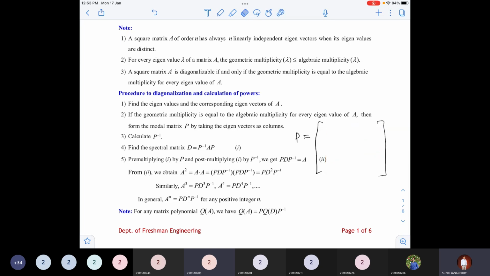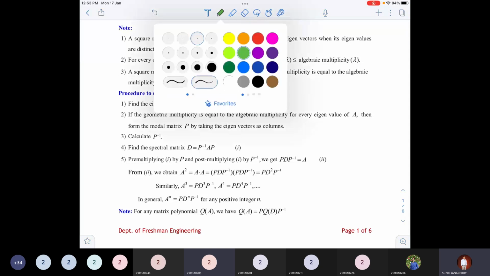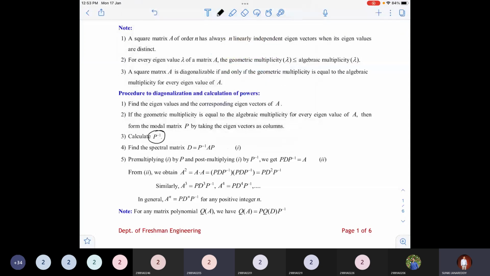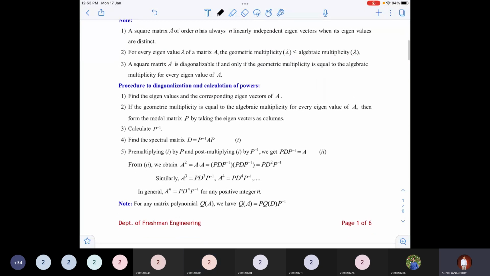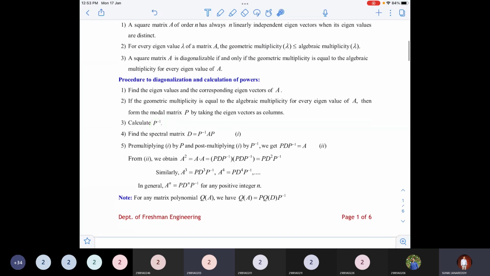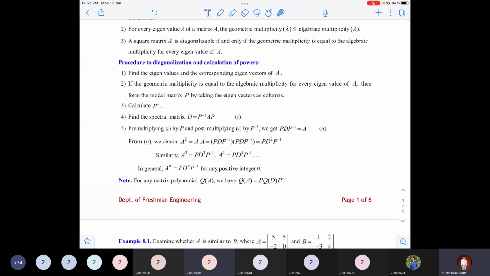After that, we need to find the inverse of the matrix. If we know the matrix, we can write the inverse by using a calculator.